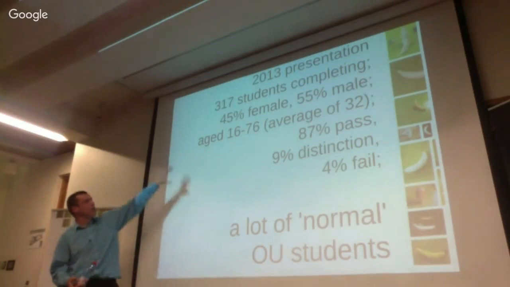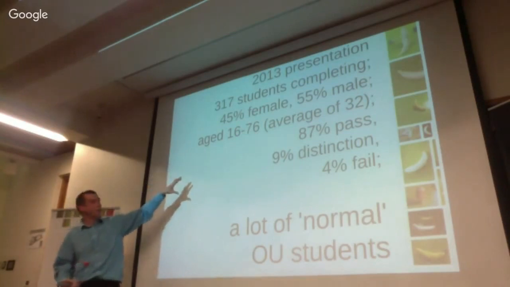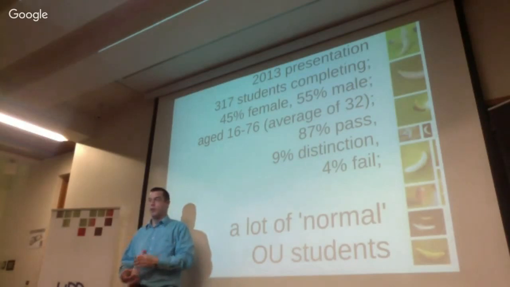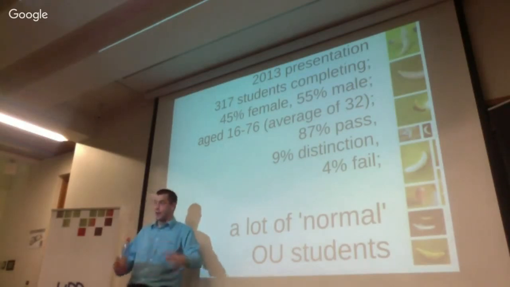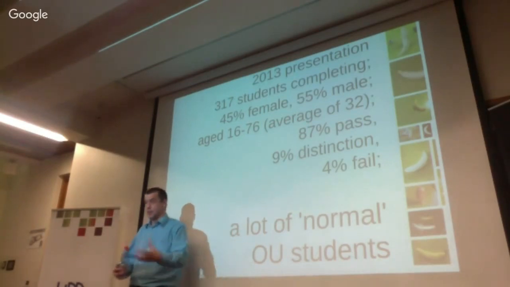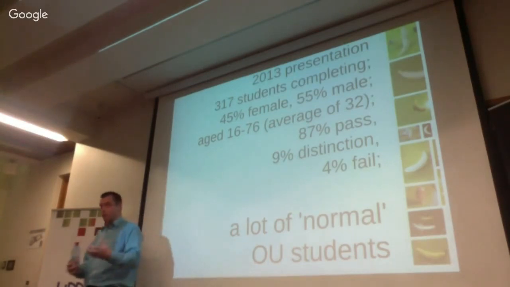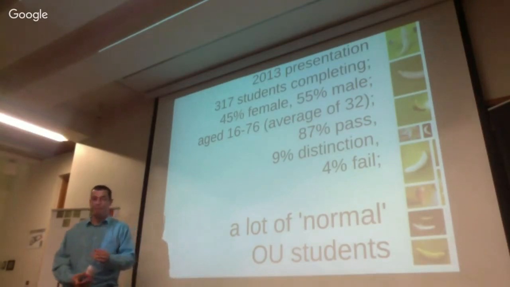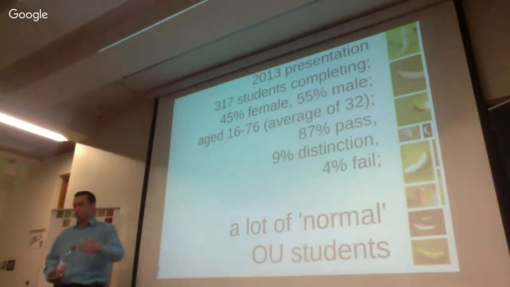We have quite a divergence of age. If you were to take a slice through the population of an Open University course, you would probably be taking a slice through the entire population of the UK. Probably a few more students with accessibility issues, probably slightly more students from ethnic backgrounds, slightly more students from low economic backgrounds.